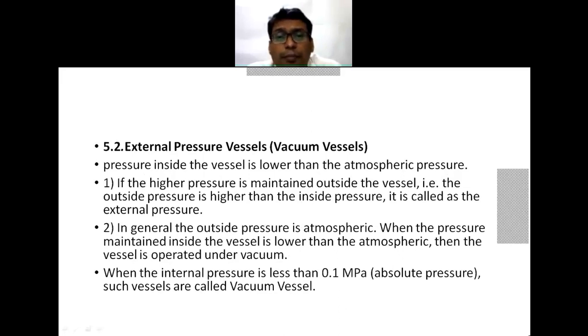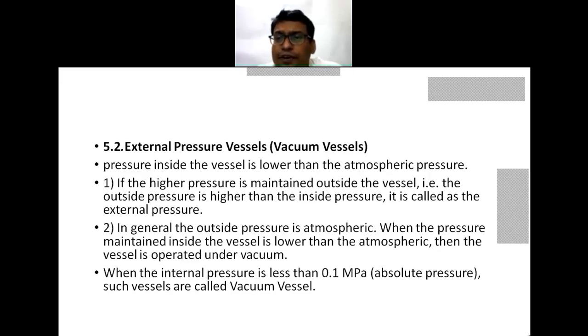Then the external pressure vessels, that is where the pressure inside the vessel is lower than the atmospheric pressure. That is the second consideration. The pressure inside the vessel is lower than the surrounding pressure. Now here two situations are there. If the higher pressure is maintained outside the vessel, that is the outside pressure is higher than the inside pressure.